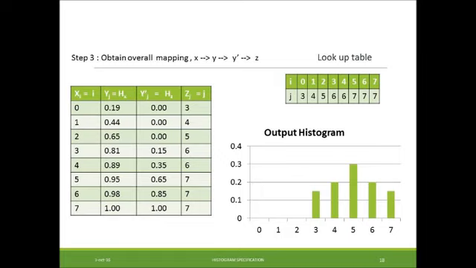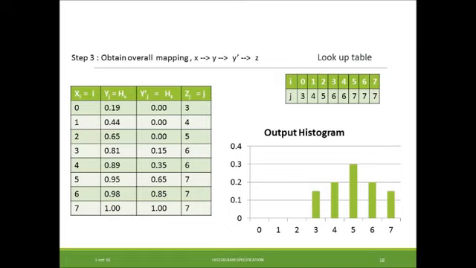Step 3. Obtain overall mapping x to y, y to y dash, and y dash to z. This is the most critical step in the histogram specification. Here Xi denotes the intensity levels varying from 0 to 7. Second column Yj equal to Hx is the cumulative distribution function of the input image. Third column Yj dash equal to Hz is the cumulative distribution function of the histogram specified image, and the fourth column Zj equal to j is also the intensity level of the output image.